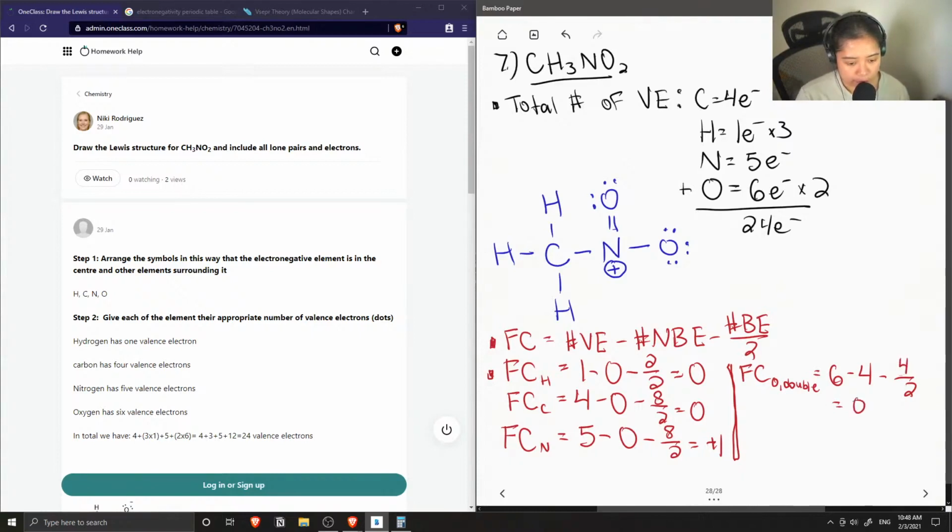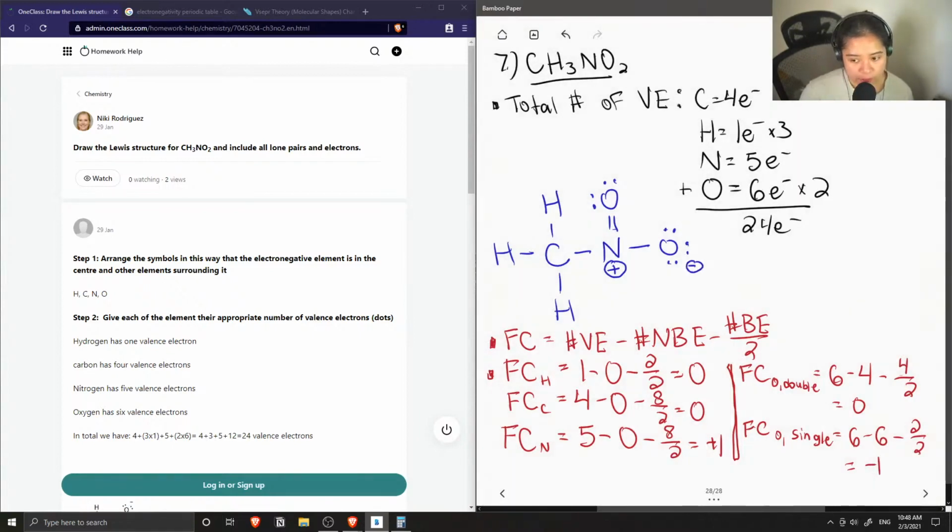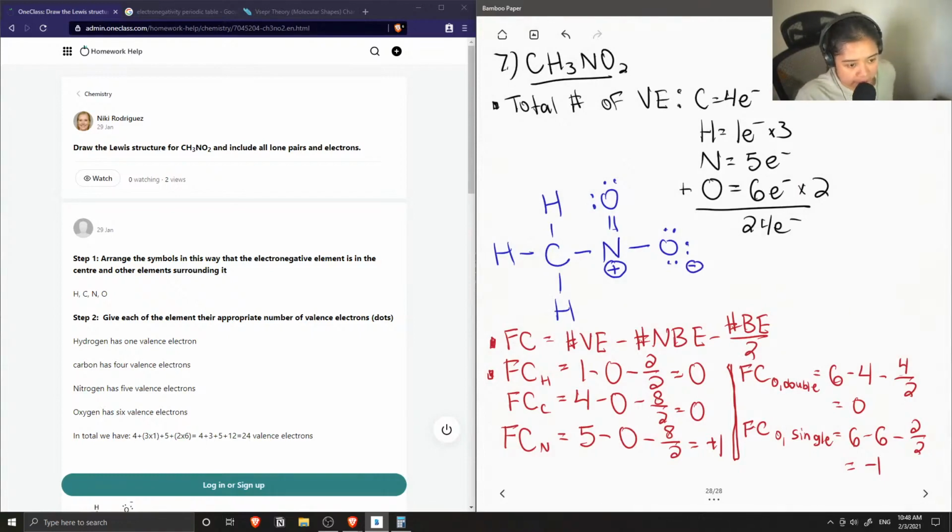So we'd have a formal charge of 0. And lastly, we have our single bonded oxygen. There are 6 valence electrons, 6 non-bonding electrons, and just a single bond, so we have 2 bonding electrons divided by 2. So our oxygen will carry the negative charge, which is preferred since oxygen is the most electronegative in this molecule.